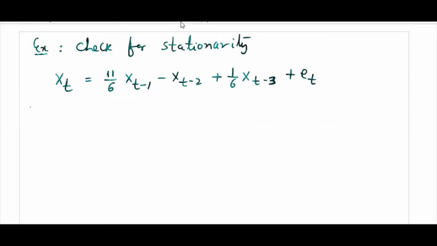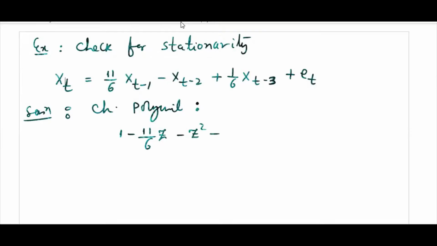So I'll find the characteristic polynomial, and this will be 1 minus 11 upon 6 z, minus z square, minus 1 upon 6 z power 3 is equal to 0.